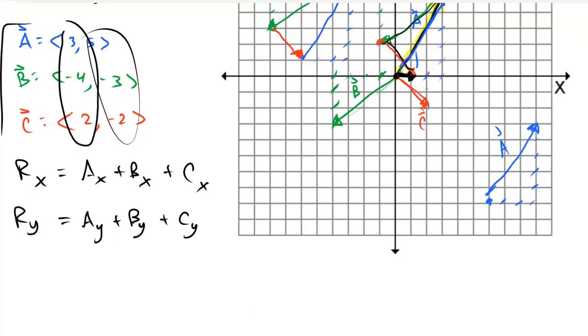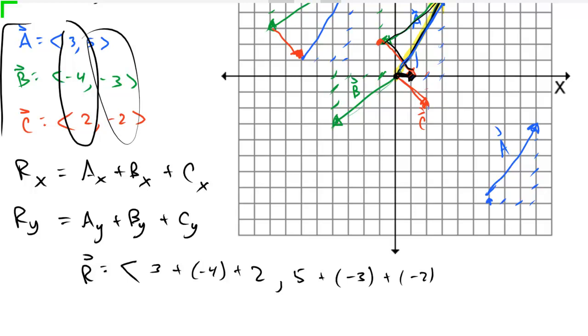So the resultant vector is going to be: we have Ax is 3 plus Bx was negative 4 plus Cx, which was 2, and then Ay was 5 plus By, which is negative 3, plus Cy, which was negative 2.